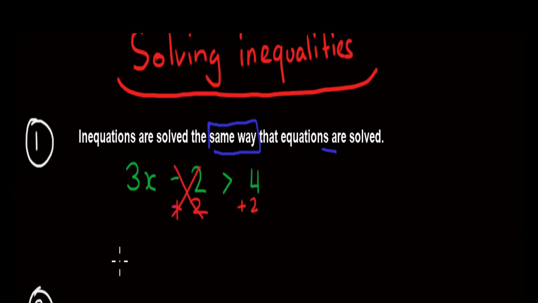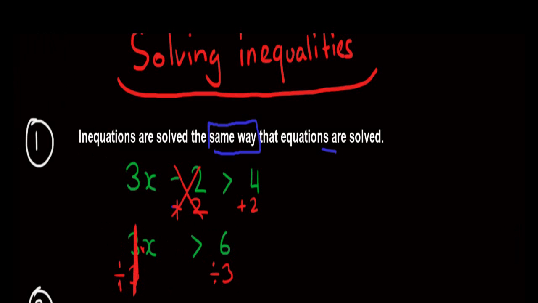And then on the left hand side we've got left 3x, and on the right hand side we've got more than 4 plus 2, which is 6. And then we remove the times afterwards. Remember, there's a times between 3 and the x. We do the opposite, so we do divided by 3. Now 3 divided by 3 is 1, so it's cancelled out.